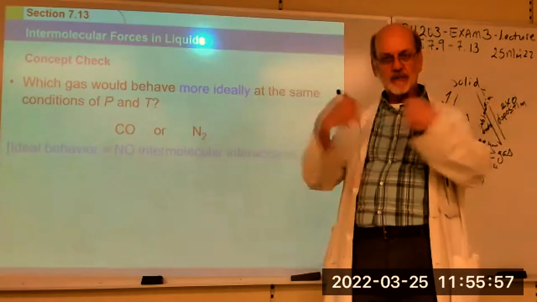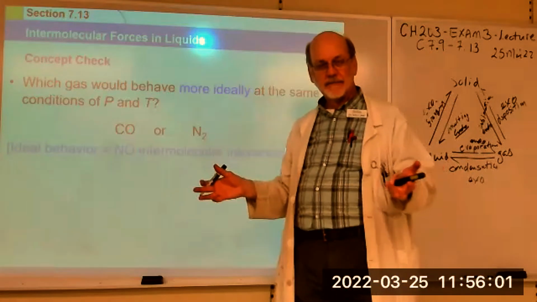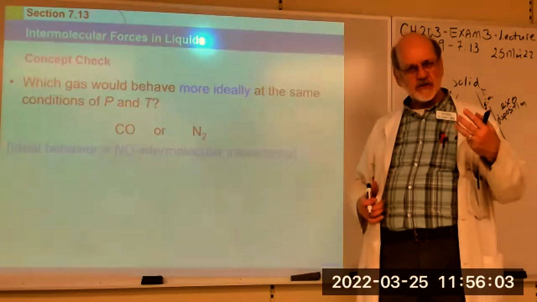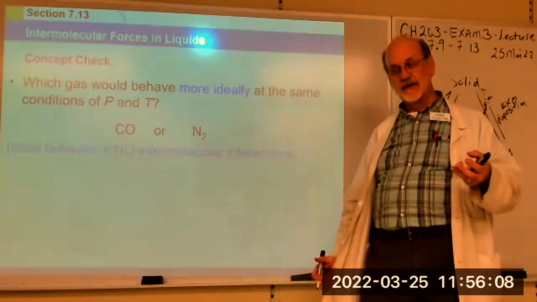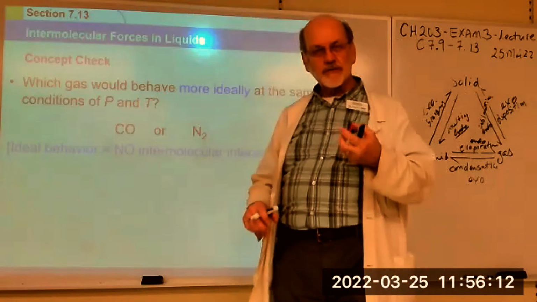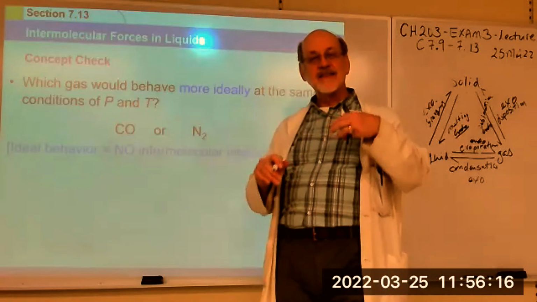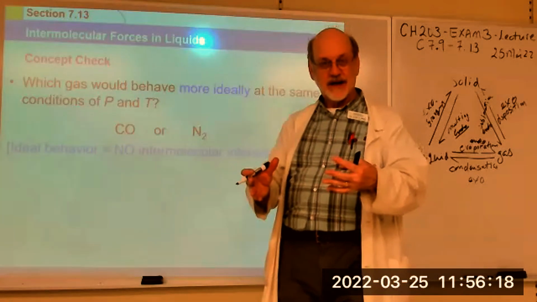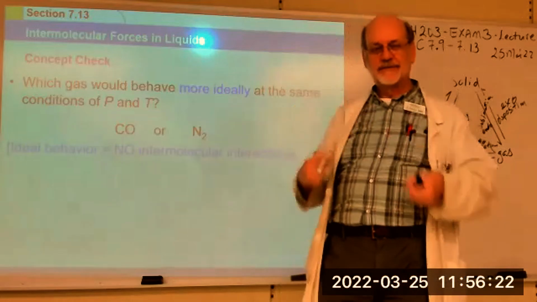They just act like billiard balls, and they act as if they're really not even there. So under what conditions would that be true in real life? Well, think about it. If you've got intermolecular forces at play, then when would they be the least? Right? When would they approach billiard balls?